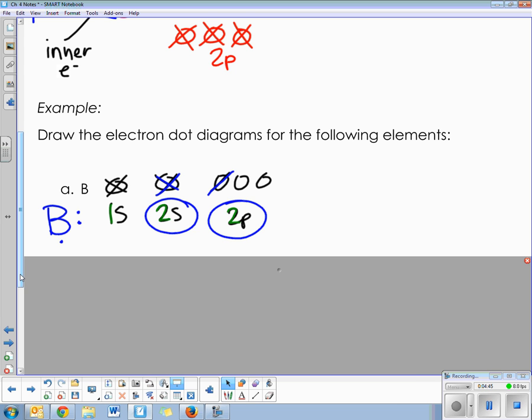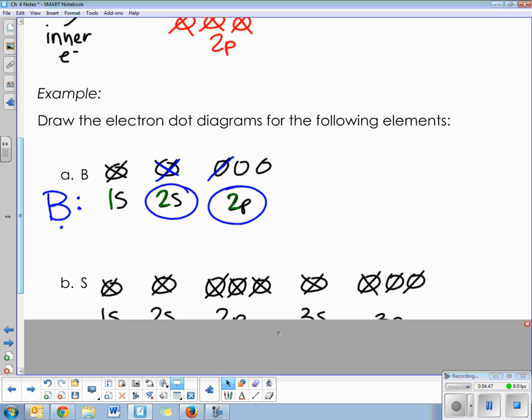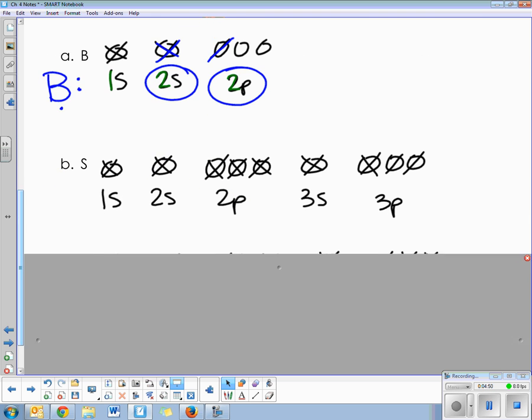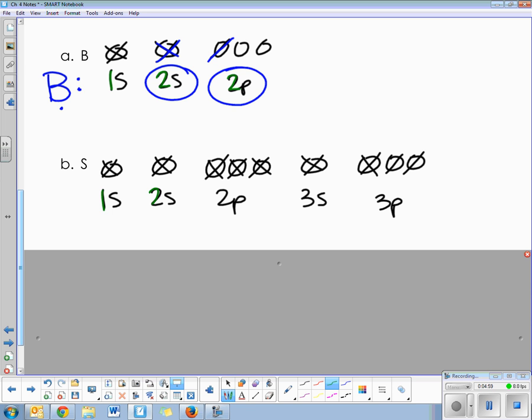Let's do another one. So now you have sulfur, and you have this written on the top from the last video as well. We've got our energy levels 1, 2, 2, 3, 3. So now our highest energy level is 3, here and here, 3p and 3s. So count how many electrons you have. Remember, each line is an electron. 1, 2, 3, 4, 5, 6.